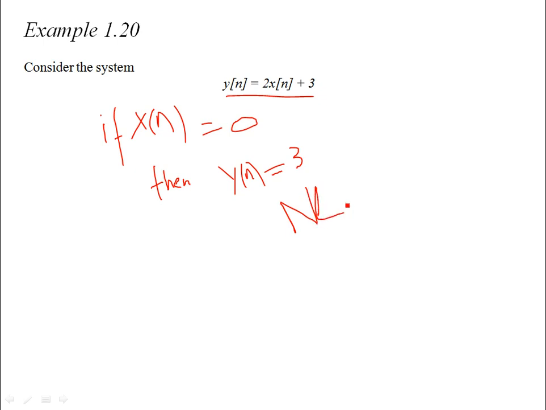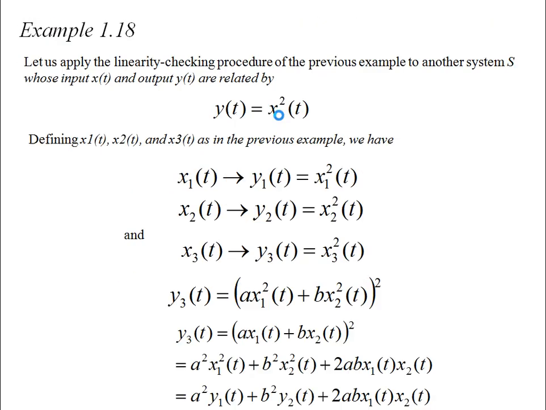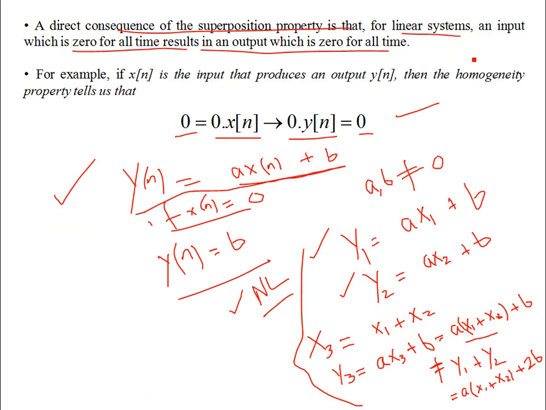You don't need to even go further, but for curiosity, if you want to, the situation is very similar to what we had earlier. We showed that if for a certain input x1, the output is y1, then for the certain input x2, the output is y2. Then you create another input which is a linear combination of x1 and x2.